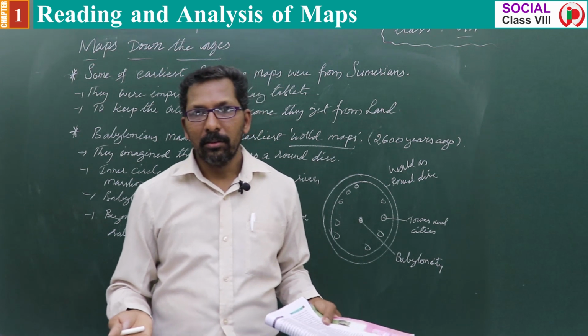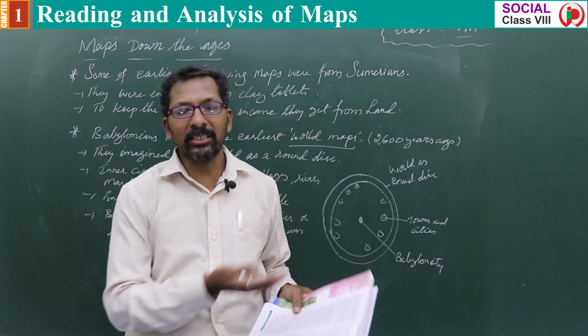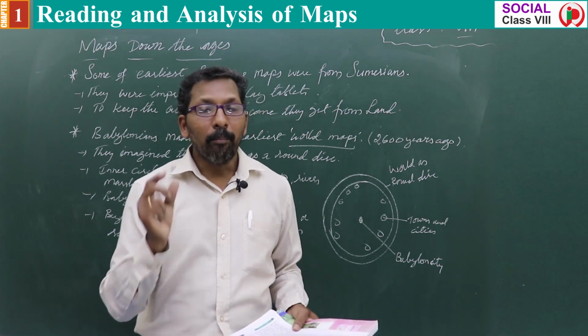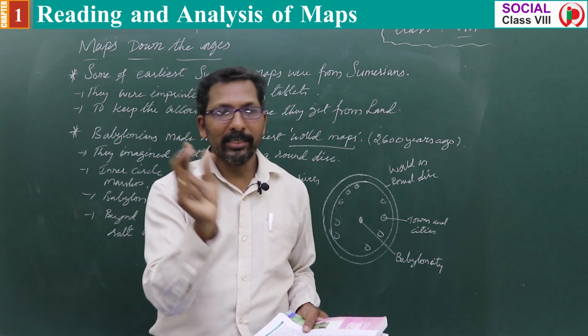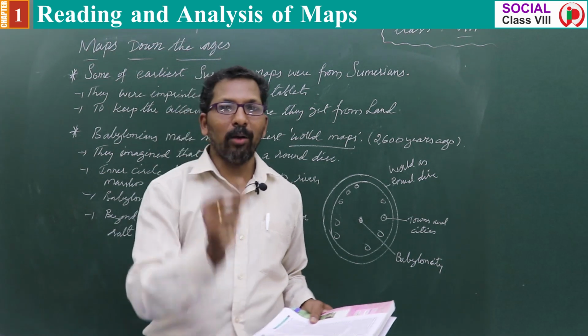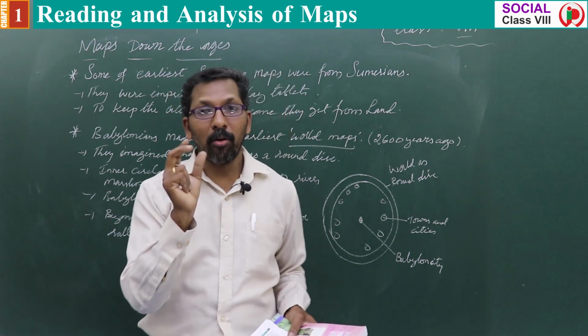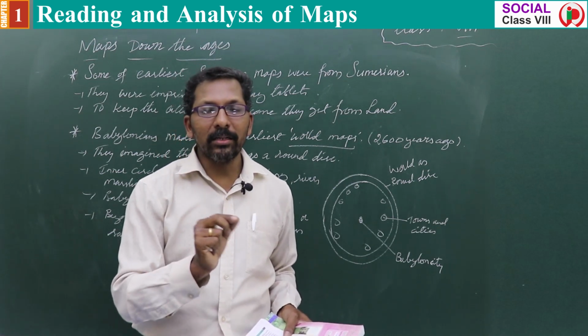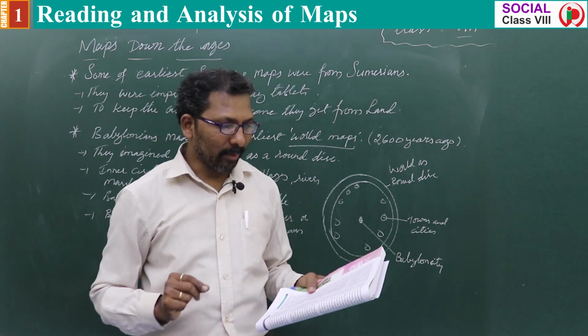The historians could not get the maps of these great geographers, but they got the book in which every detail was written. From that book they were able to make the maps.